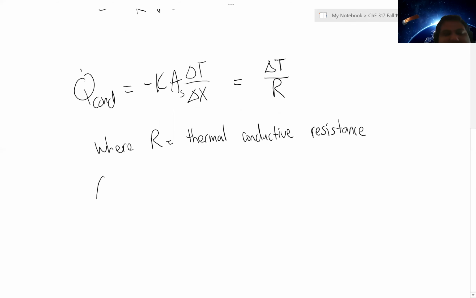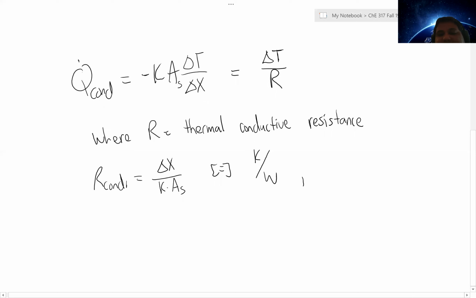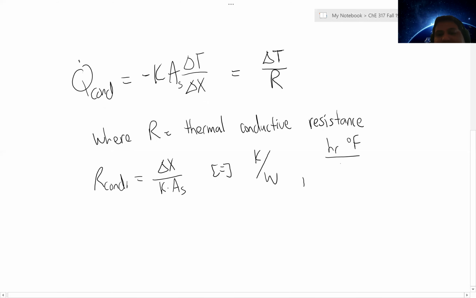For conduction, R is simply equal to delta X over K times A sub S. This should give you units of kelvins per watt, or if you're looking at English units, hours degree Fahrenheit per BTU.